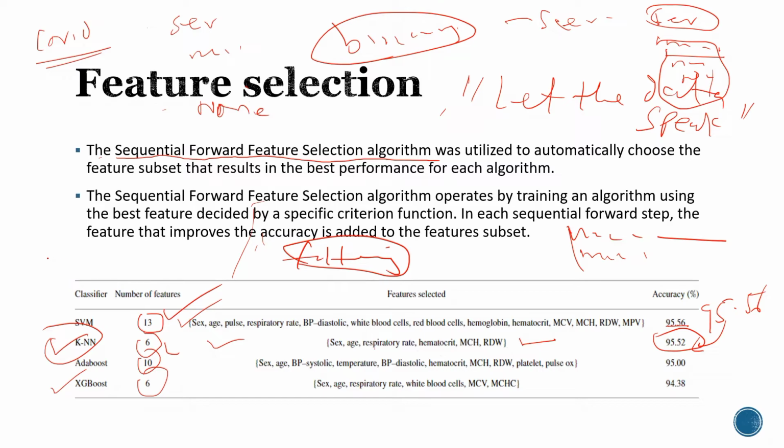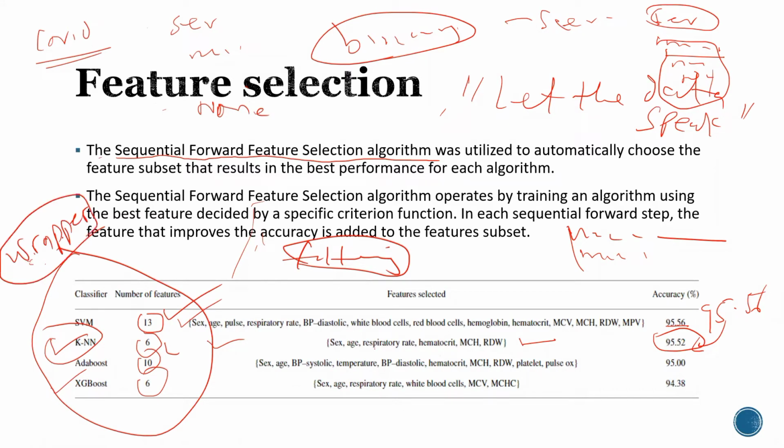Then in the wrapper method, the complete data will enter the modeling stage. So we now use the model to search which feature is going to work for you. So this one can fall under the wrapper method, because we allow all the features to enter each of the models, and we allow the model to pick which of these features work for you, which will make you as a model able to get the best result for the target we are looking at.